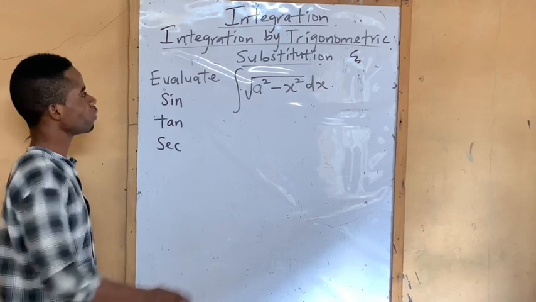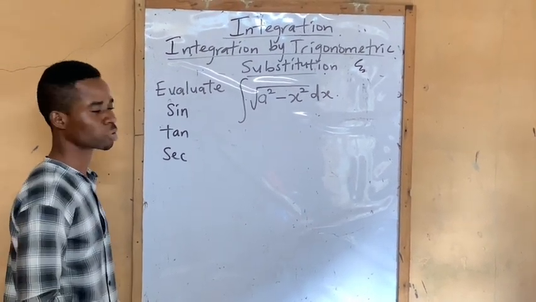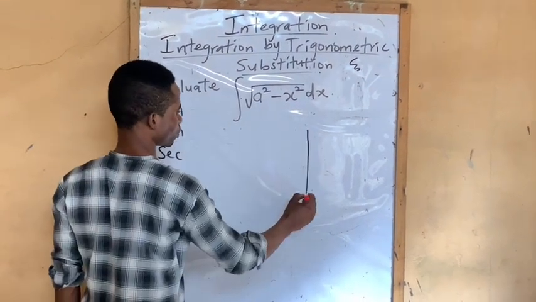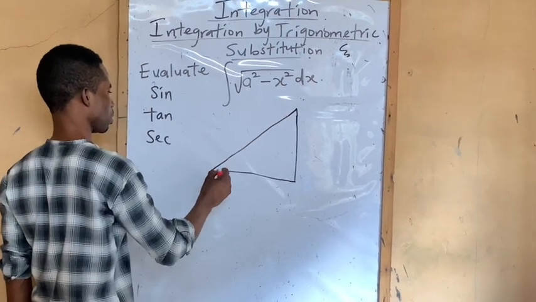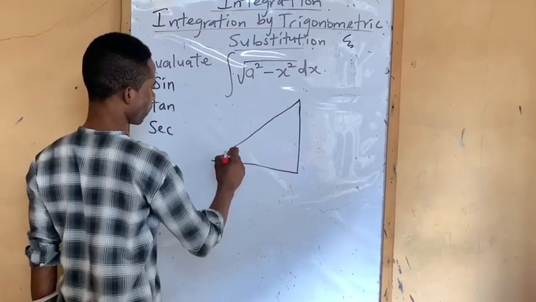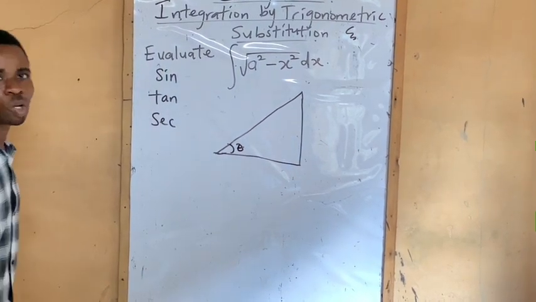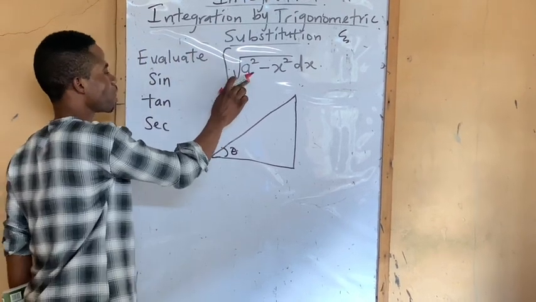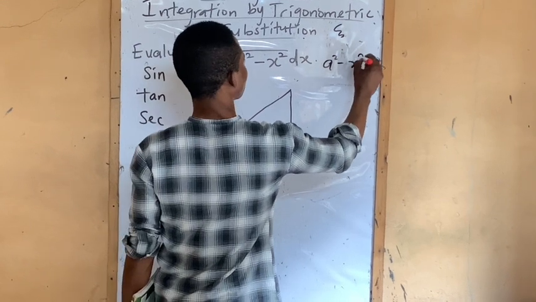Now, if they give me this kind of question under integration by trigonometric substitutions, the first thing to do is draw your right angle triangle. Put your angle here. Now, take a look at what you have here. You have a squared minus x squared.